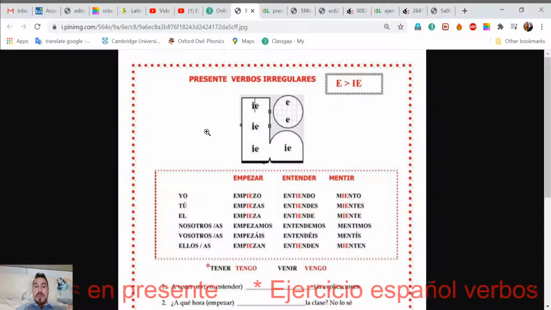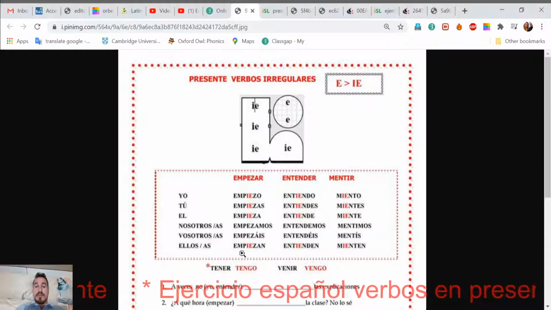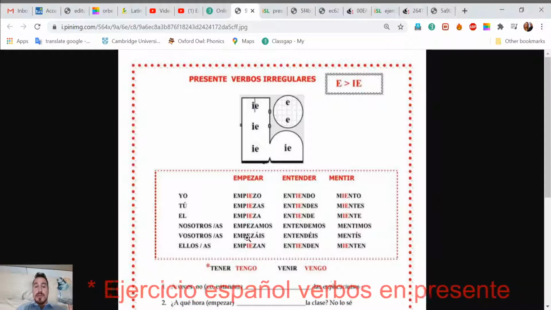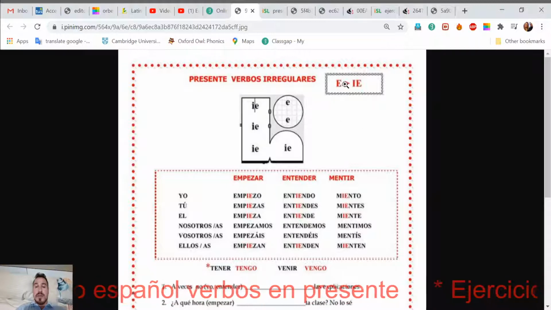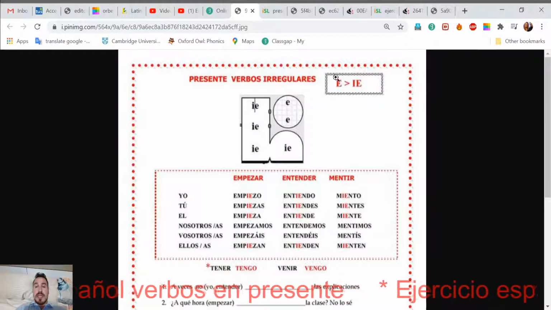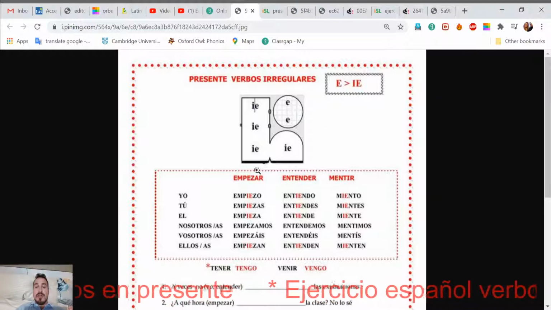It's quite common in Spanish to have verbs with diphthongs. So, for example, in this case, many verbs with this E. This E is in the middle of the verb, okay?